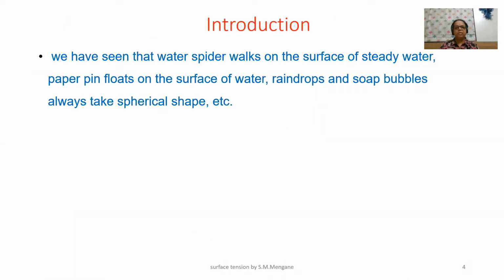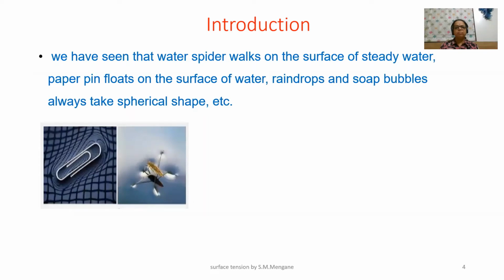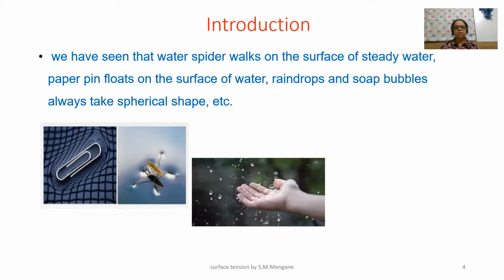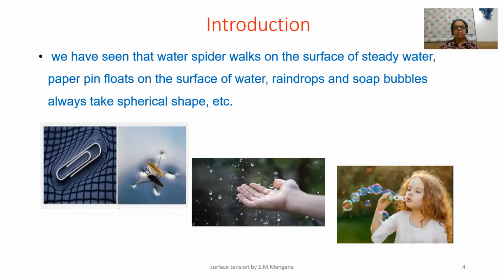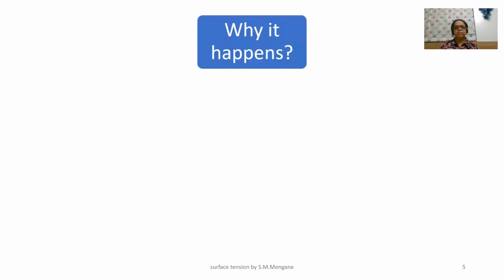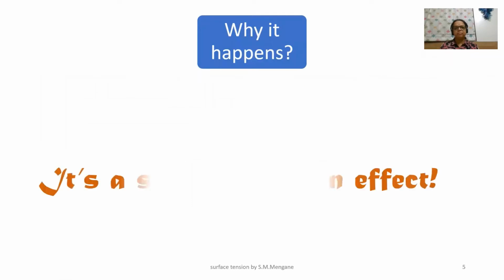We have seen that a water spider walks on the surface of steady water. A paper pin floats on the surface of water. Raindrops and soap bubbles always take spherical shape, etc. Why does it happen?